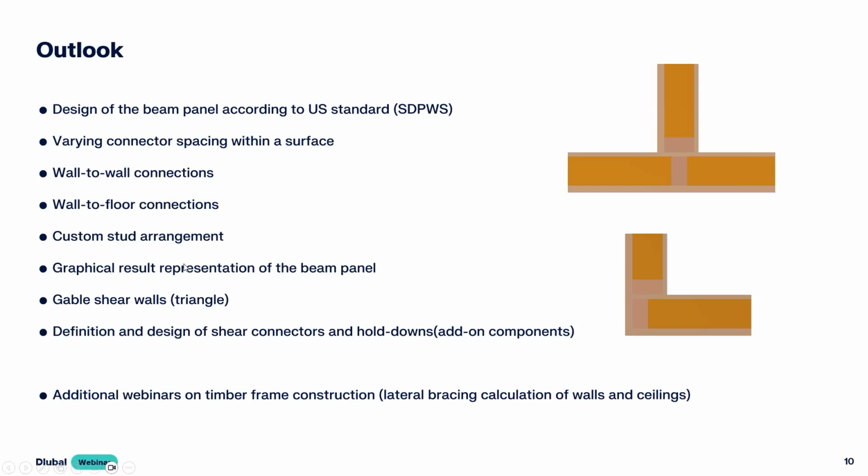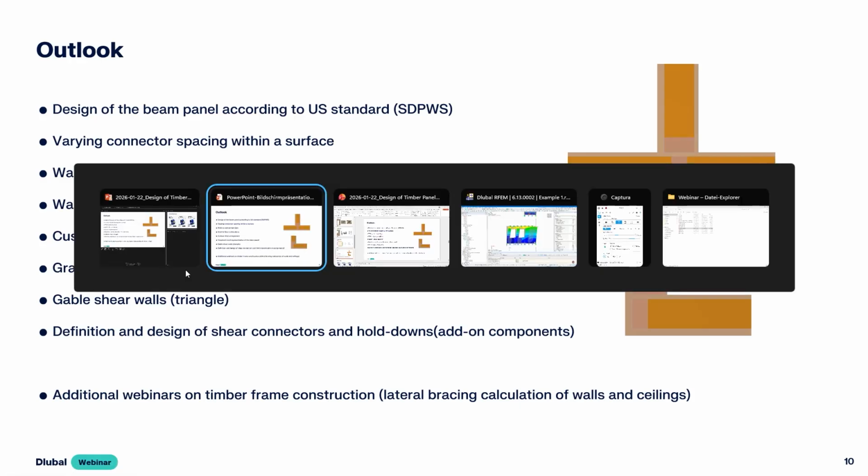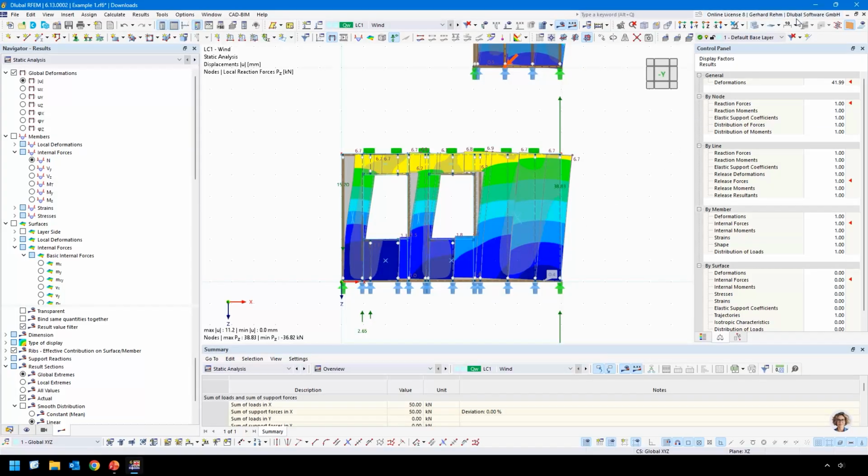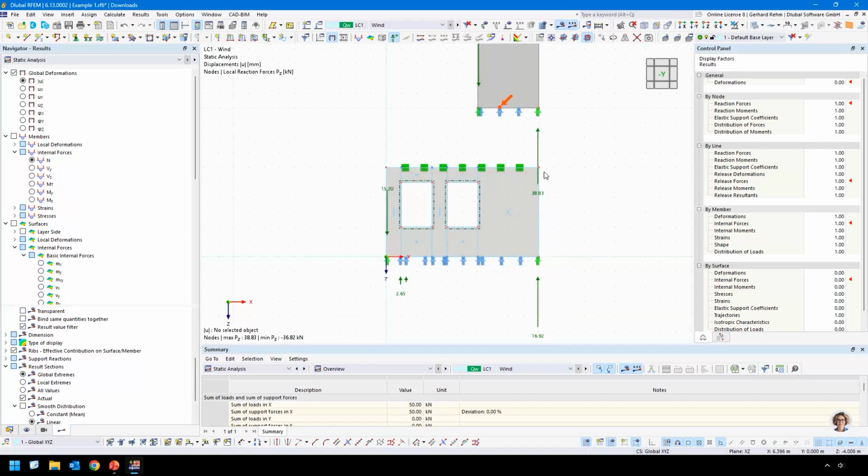As I mentioned already, it is the custom stud arrangement. It could be helpful to create some user-defined pattern. Then we will get some graphical result representation of the beam panel. That means when we are not in beam panel mode here, you get no results.